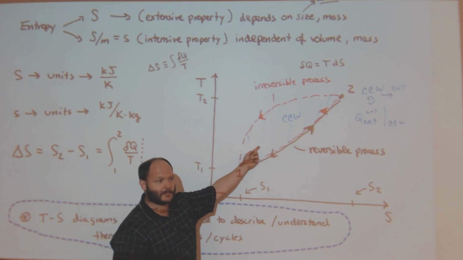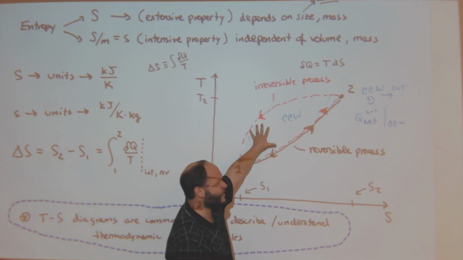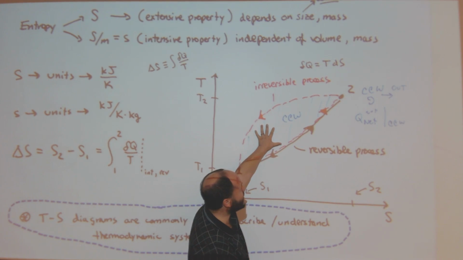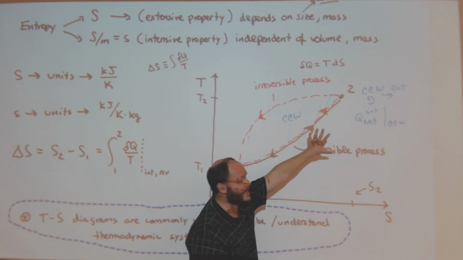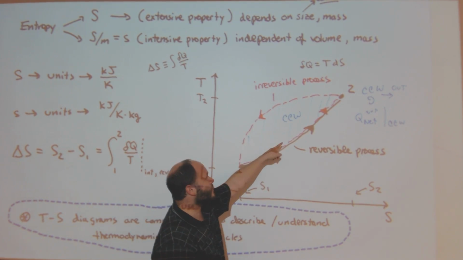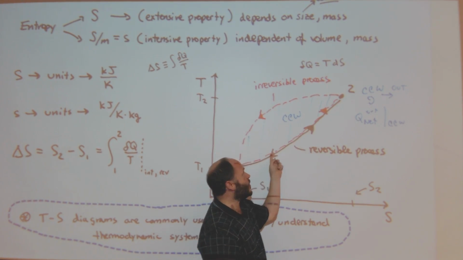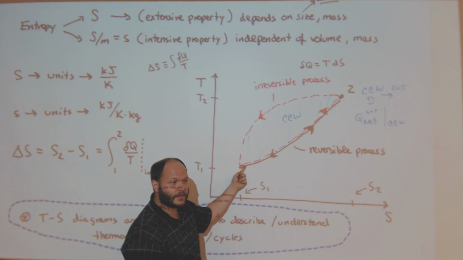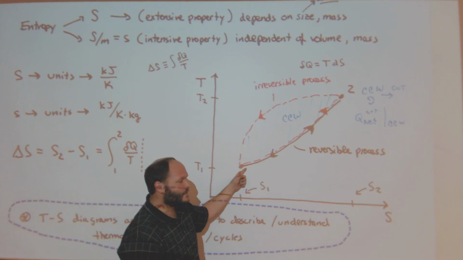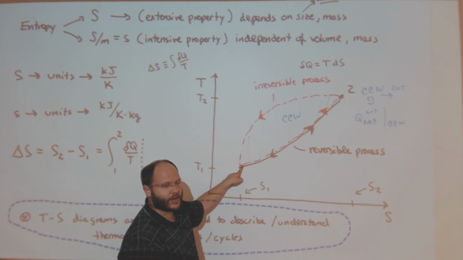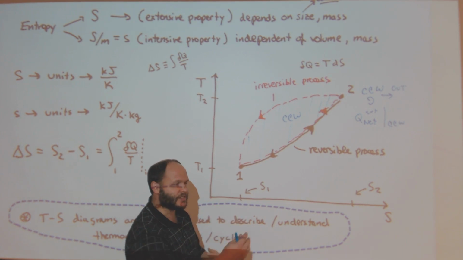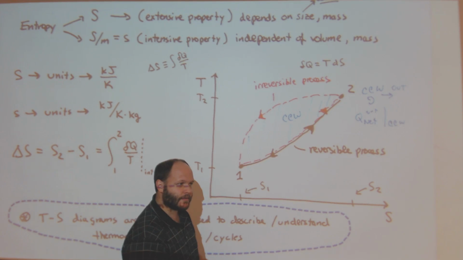So this is a natural type, or the positive, or this area for counterclockwise, net heat out. Now, on the converse, if I were to go up and then come back down, realistically I wouldn't be able to do that, removing less heat, unless there was some work in, right?